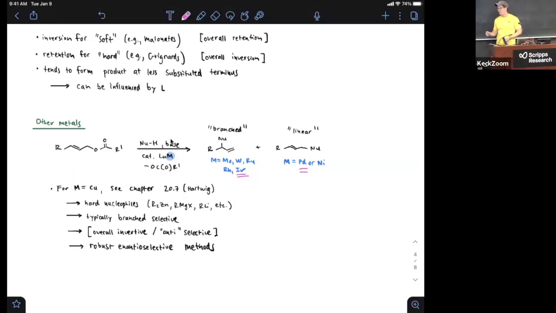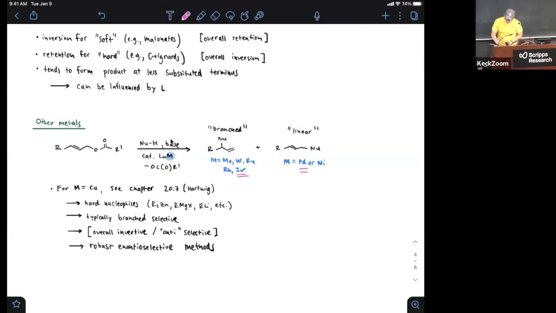I think the key feature of copper allylic substitution is that you have an initial alkene coordination of the copper and then a rate limiting oxidative addition to make a sigma form pi-allyl species. That's sort of the defining feature, and then transmetallation with these hard nucleophiles followed by reductive elimination.